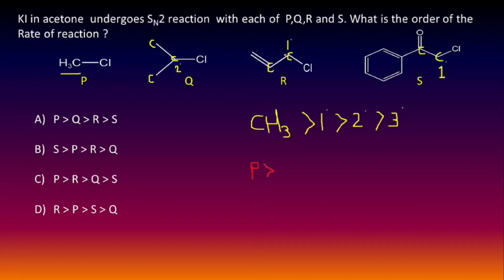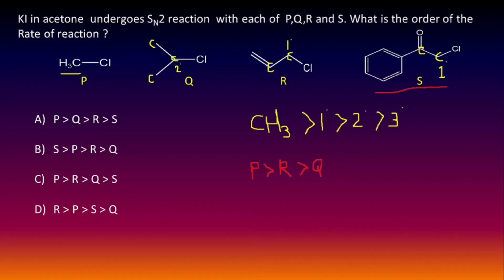Okay, methyl first, then primary and then secondary Q. I have not considered this primary carbon because there are 2 primary carbons and I have only considered this R. Why? Because this compound has more reactivity.